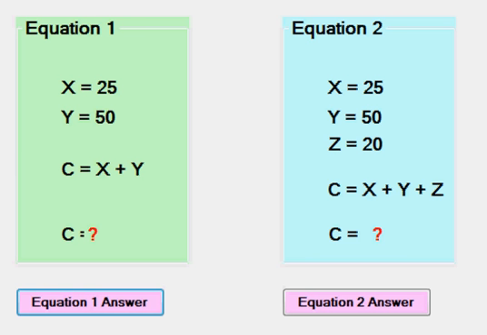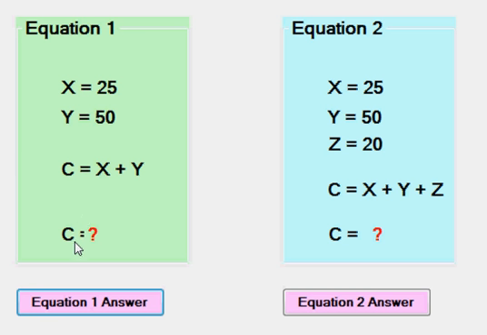Okay, now let's see how to write a program in VB.NET by using this example. You have two different equations in here, equation 1 and equation 2. In equation 1, you have x equals 25, y equals 50, and c equals x plus y.